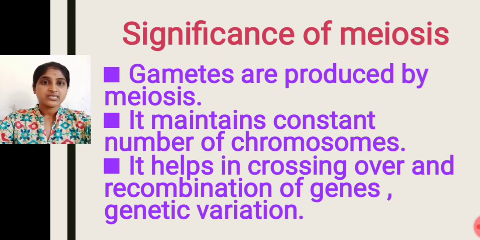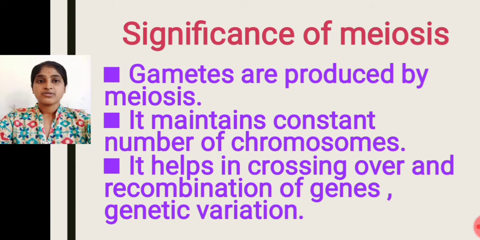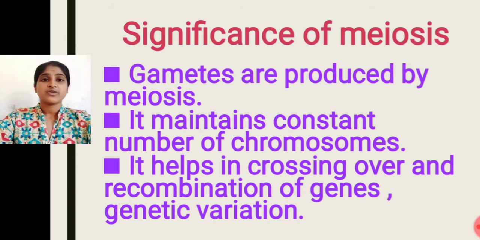These are the gametes in the reproductive process, and they are produced with the help of meiosis only. Next, it maintains a constant number of chromosomes. When cell division takes place, meiosis maintains a constant number of chromosomes from parent to daughter cell.